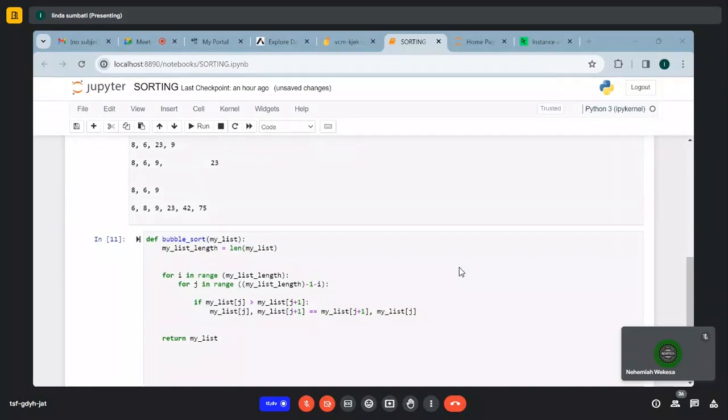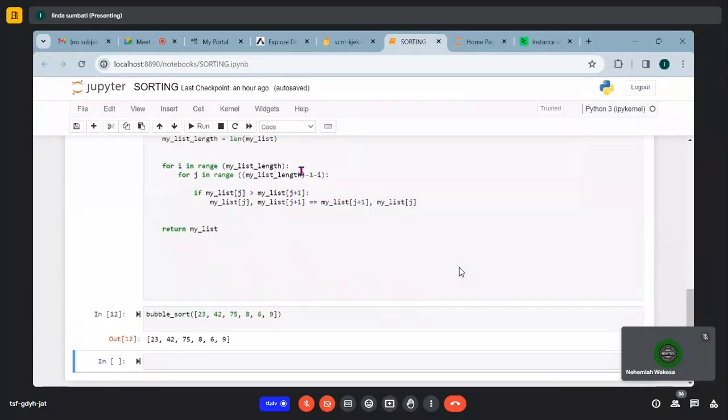You haven't specified which is the first value and which is the second value. Where? The J in range, you've written only one element in the brackets. Okay, which element have I only in the bracket here? For J in range, then the length of my list.